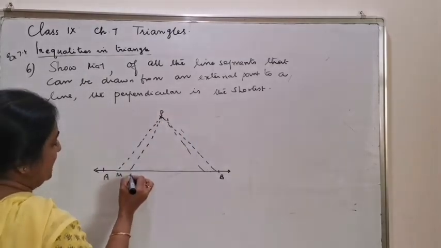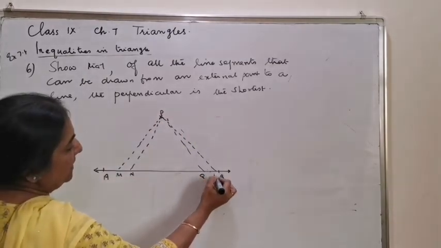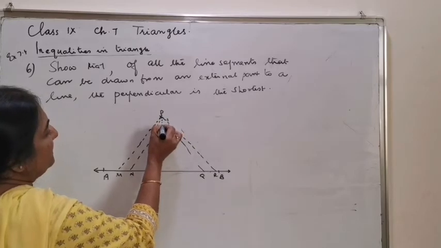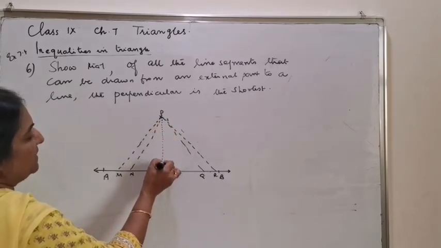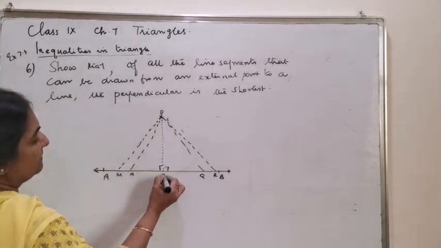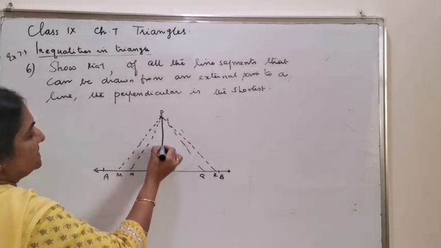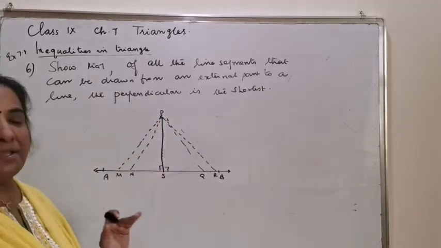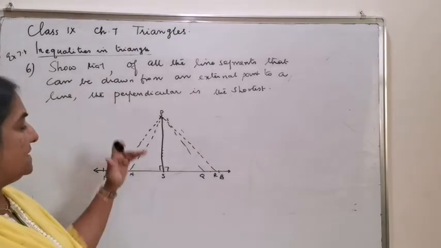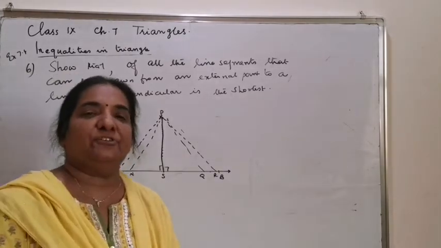Let's take these as PM, PN, PQ and PR. The perpendicular is the shortest. We have to prove that PS is the shortest.